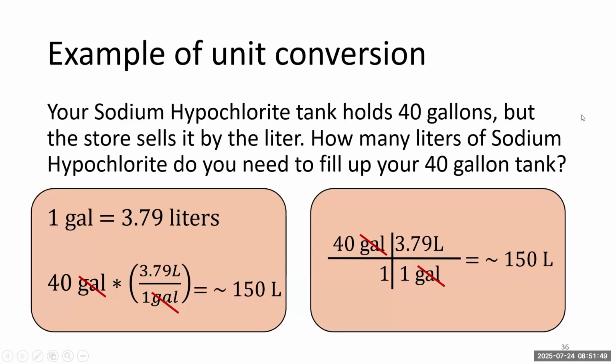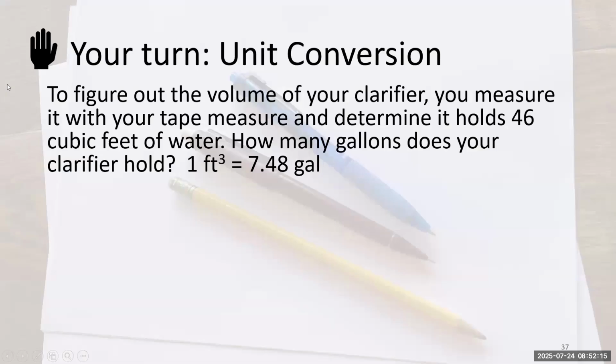So let's have all of you go ahead and practice this unit conversion, as you would on the exam. To figure out the volume of your clarifier, you measure it with your tape measure and determine it holds 46 cubic feet of water. How many gallons does your clarifier hold?